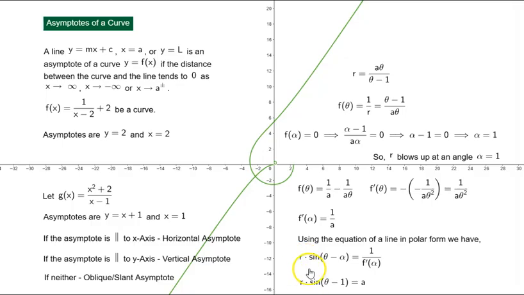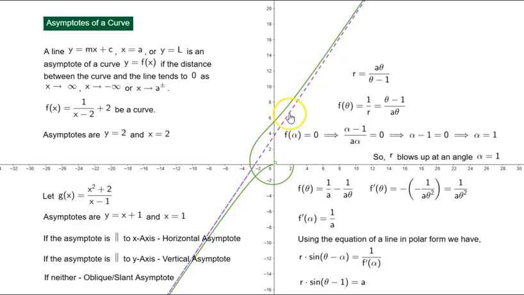That becomes r times sine theta minus 1 equal to a. How did we arrive at this? Because 1 by f prime of alpha is equal to a. And here we are substituting alpha with 1. And if I plot this, we get a straight line which will be the asymptote.